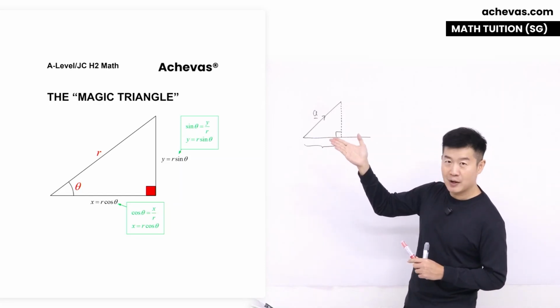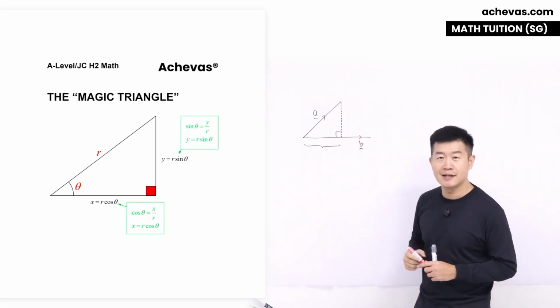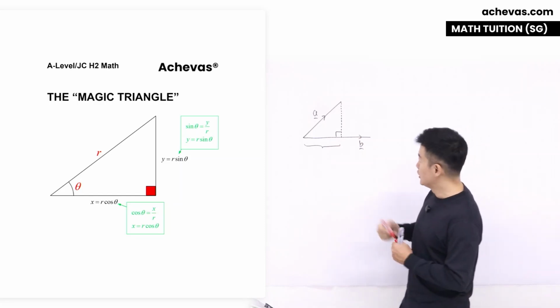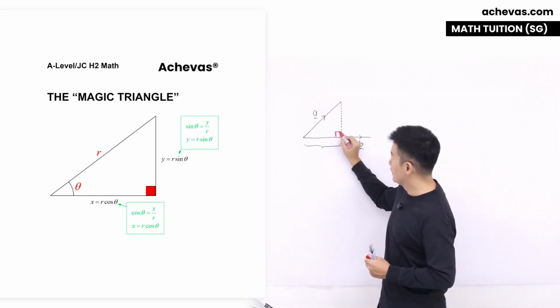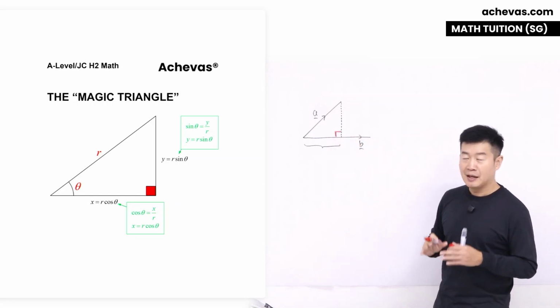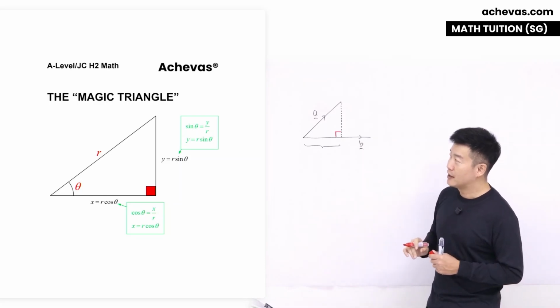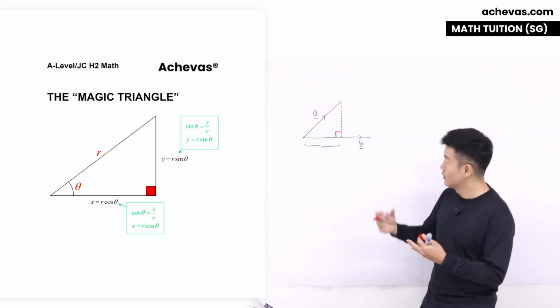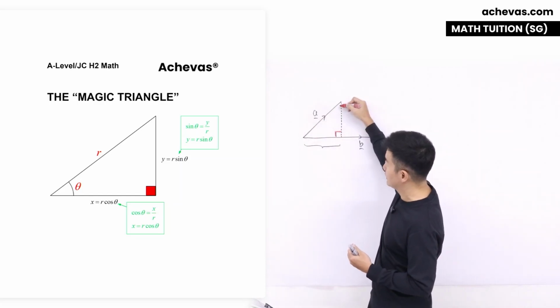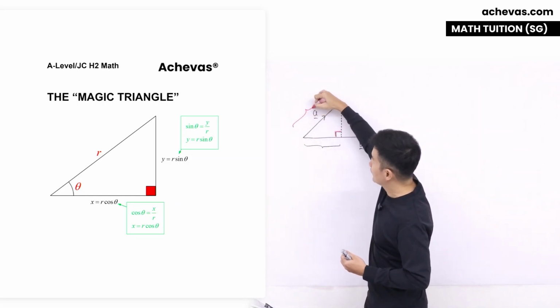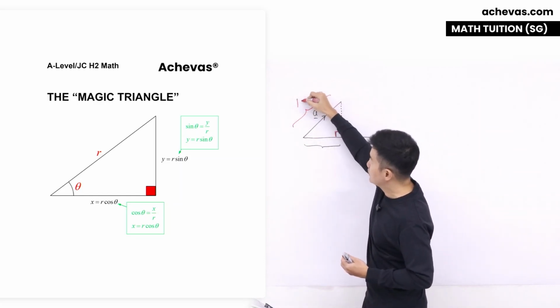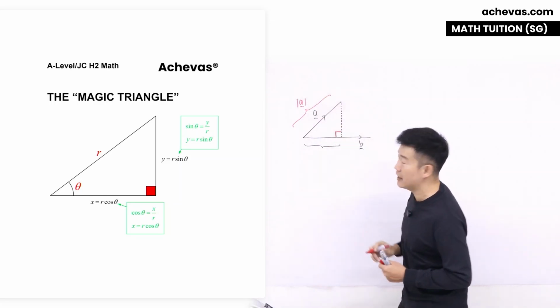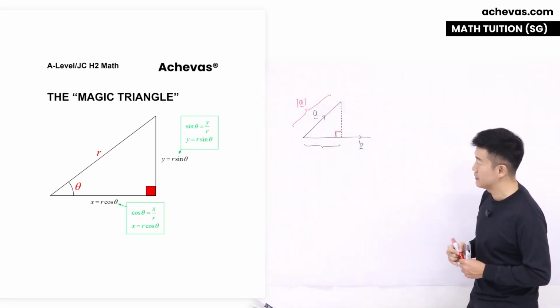The three red-colored parts are the three qualities of a magic triangle. First, we have a right-angled triangle. Second, we have an idea of the hypotenuse. In our case, this is the hypotenuse, and its magnitude is 8, since A is a vector that is given to us.